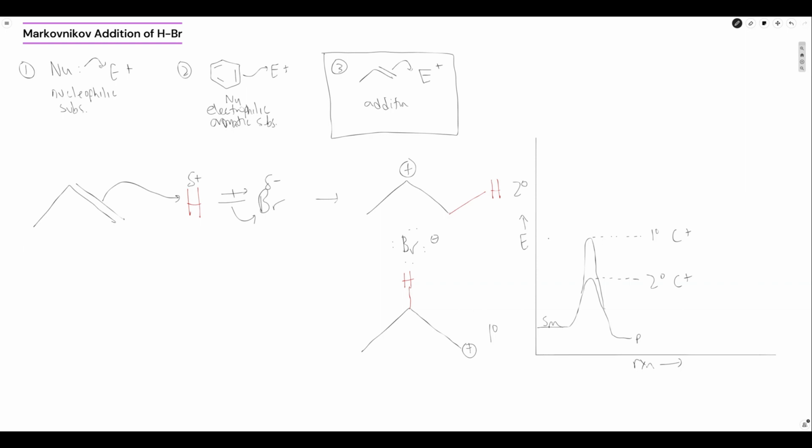And actually, it would be considerably higher, such that to get to the energy level of the intermediate carbocation in the case of the primary, we have a prohibitively large energy barrier to overcome. And so it doesn't happen. And the energy barrier of the secondary cation will happen much, much more quickly. And so this is the carbocation that is formed under these reaction conditions. This carbocation here is not formed.